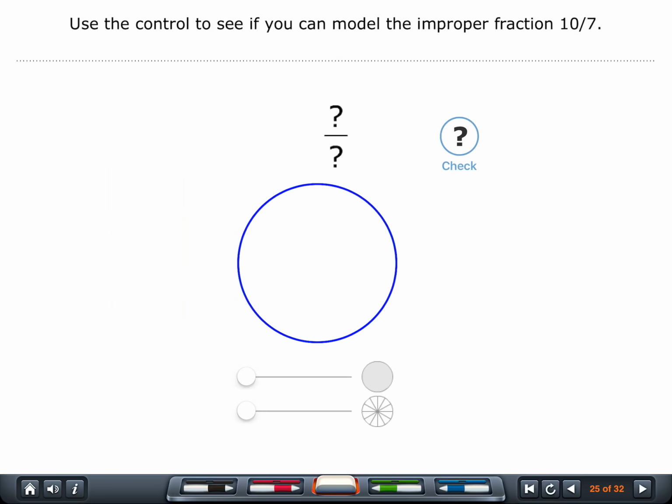Use the controls to see if you can model the improper fraction 10 over 7.